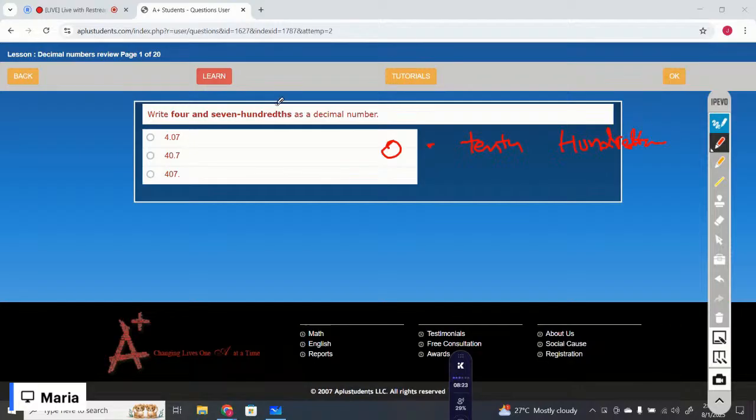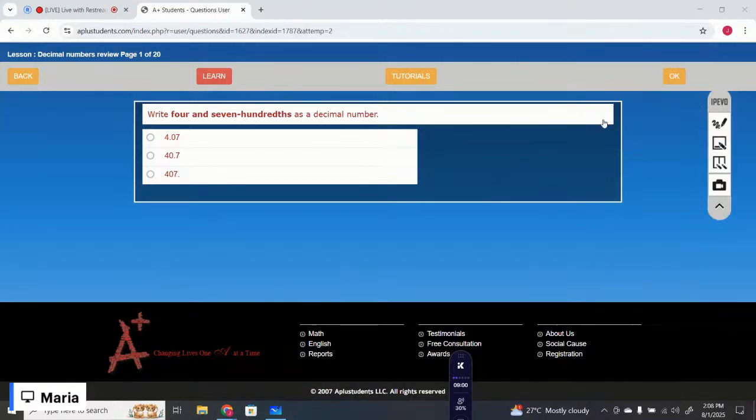So 4 and 7 hundredths. 4 is at the ones place. You are not given any tenths, so a 0 over here, and 7 at the hundredths. So that is 4.07. The correct option is 4.07. Option number 1 is the correct option.